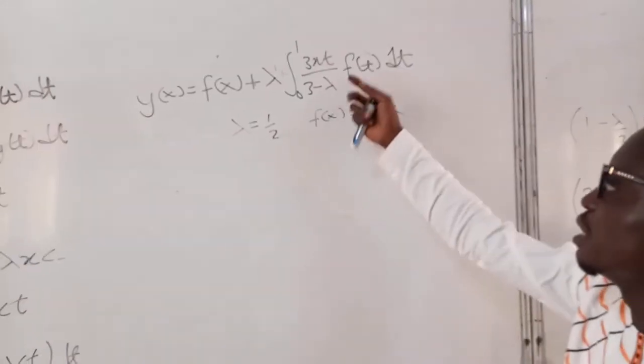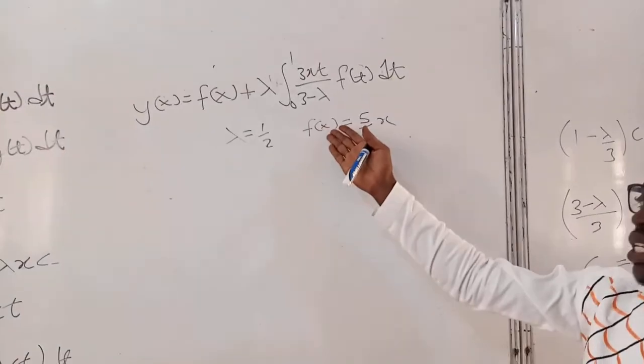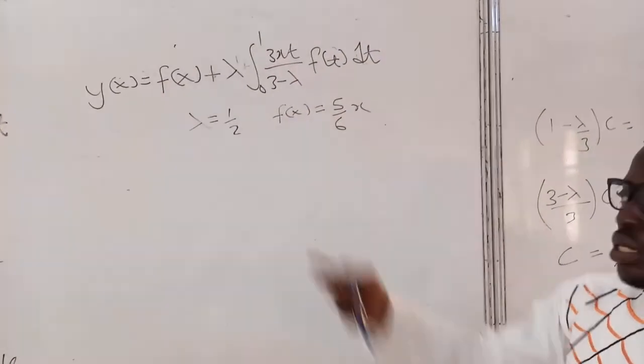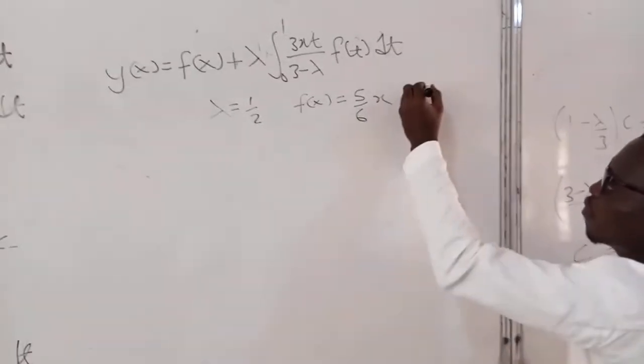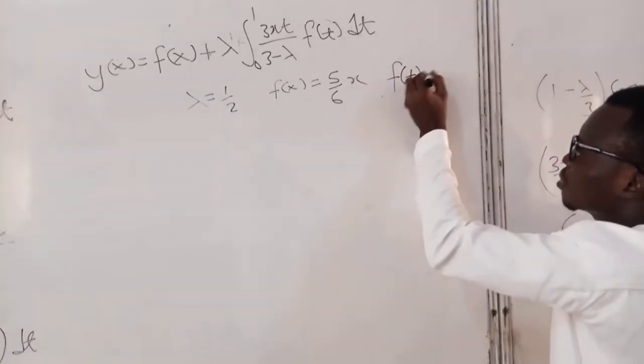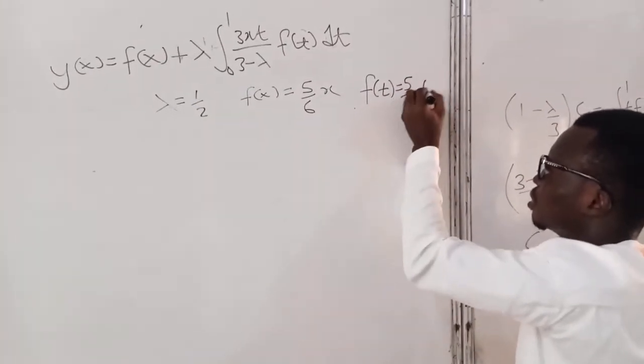I have f of t here, so you should know that you have to change the variable to t to get our f of t. So f of t becomes 5 over 6 t.